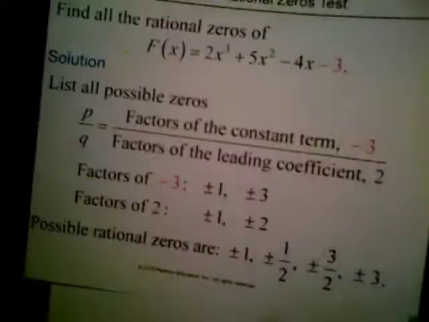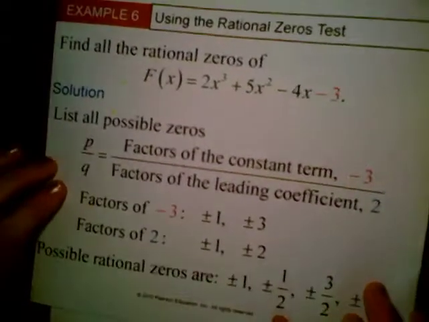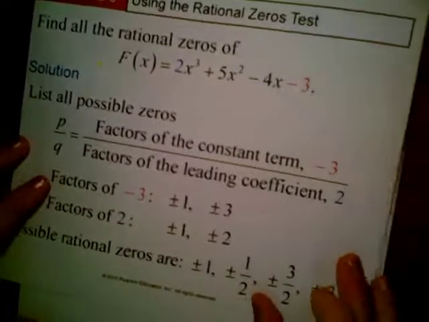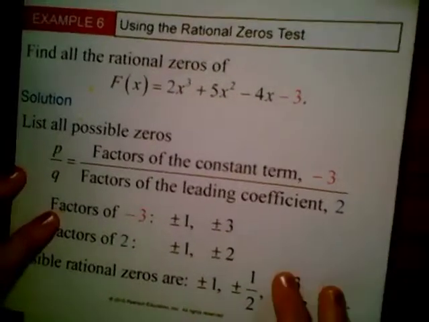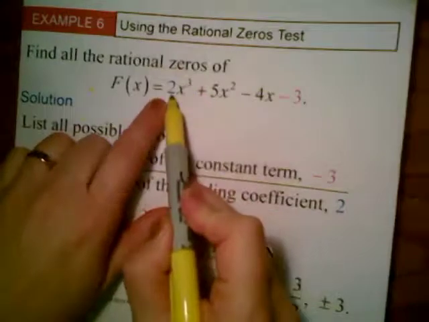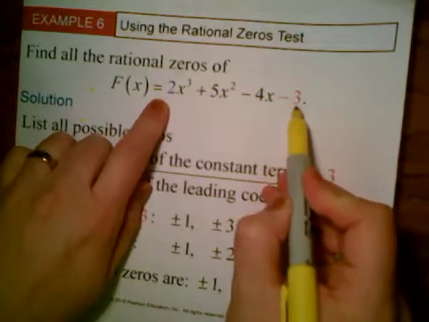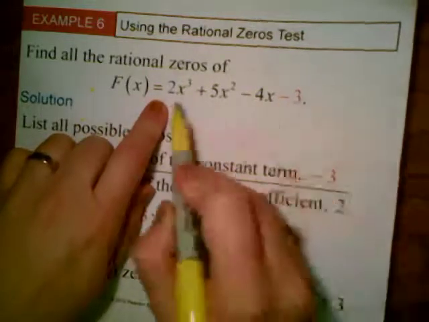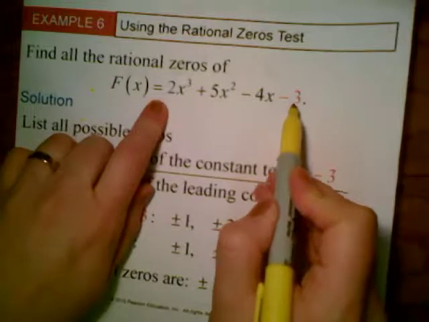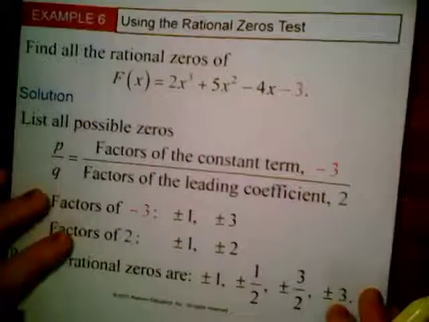Okay, a specific example from the textbook we're using right now, I guess they call it example 6 in the text. So we have this third degree polynomial, leading coefficient of 2, constant term -3, and all of the coefficients for the polynomial are integers. -3, -4, 5, and 2. Our whole numbers and opposites.